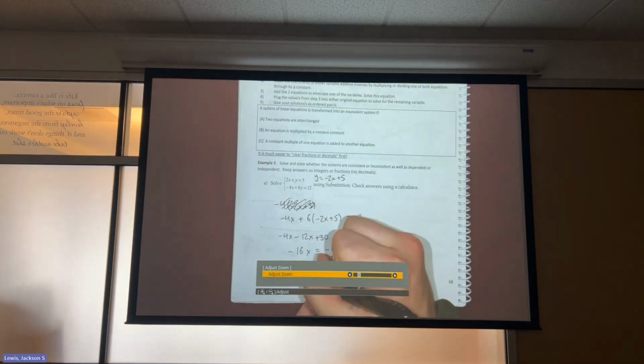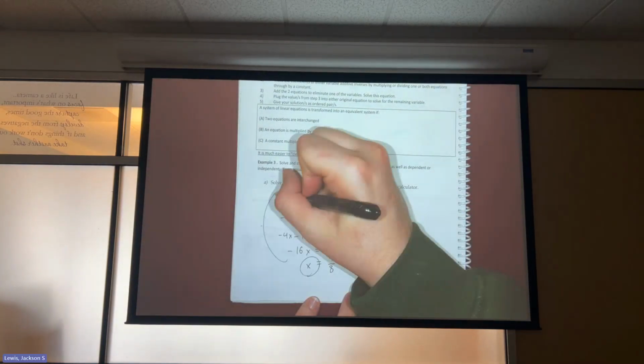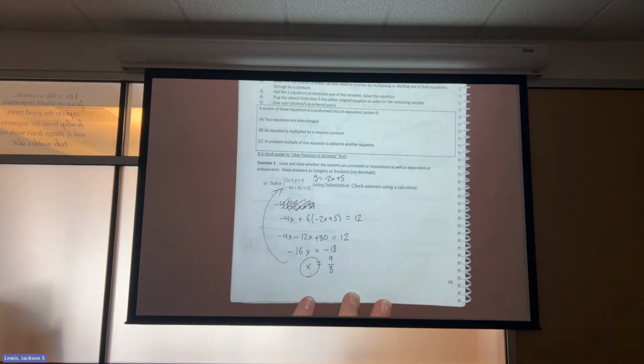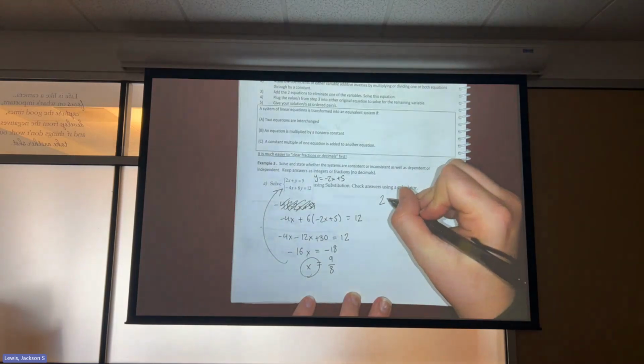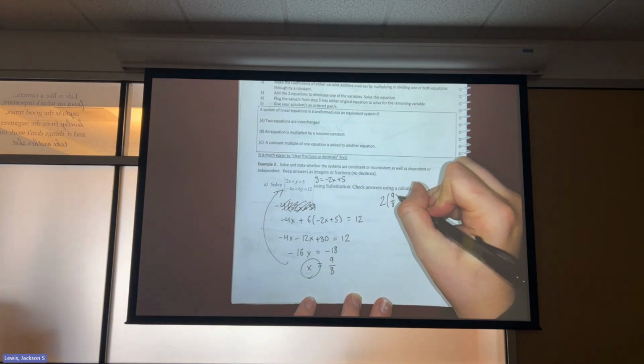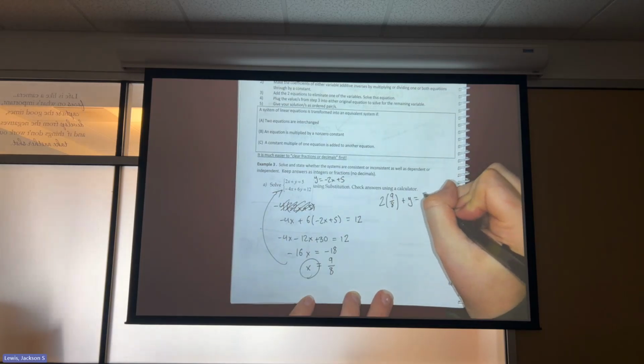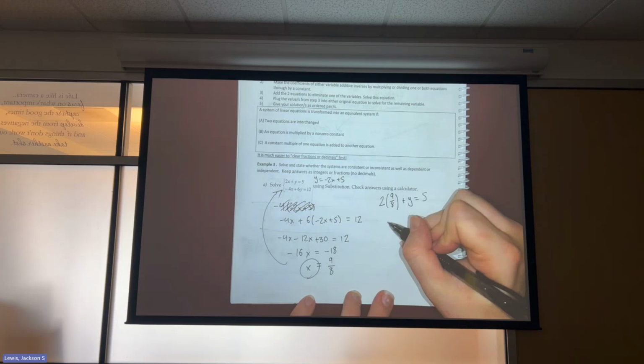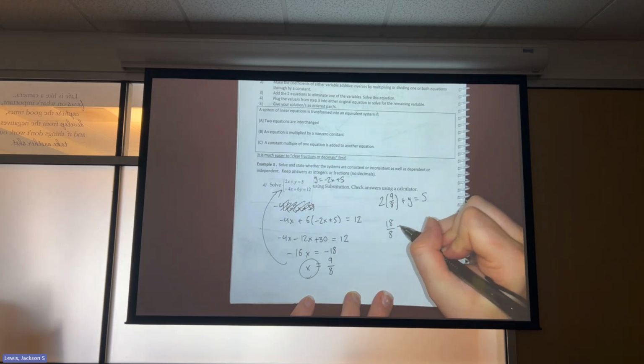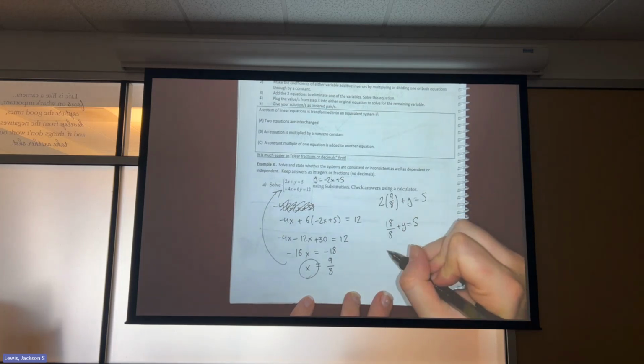And I can take this value of x equals 9 over 8 and plug it back into my top equation. So 2 times 9 over 8 plus y equals 5. So 18 over 8 plus y equals 5.